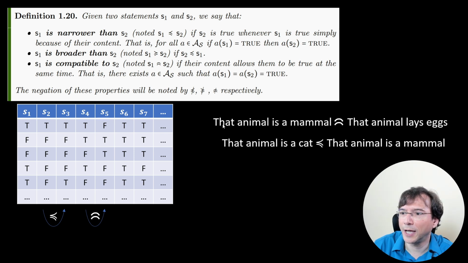So again, we can say that "animal is a mammal" is compatible with "animals that lay eggs" because there are platypuses, and platypuses are mammals that lay eggs. So there is a case in which these two things are the same. And as I said before, narrower, we can think of cat and mammal as being one narrower than the other.